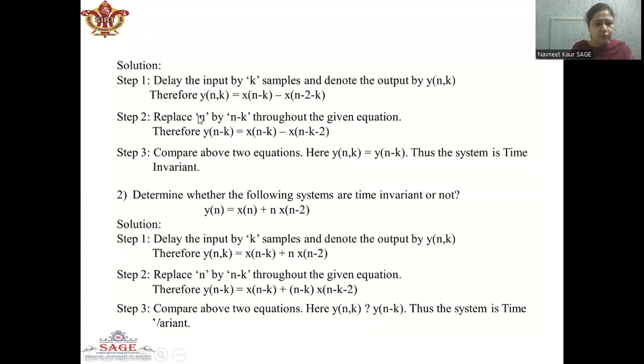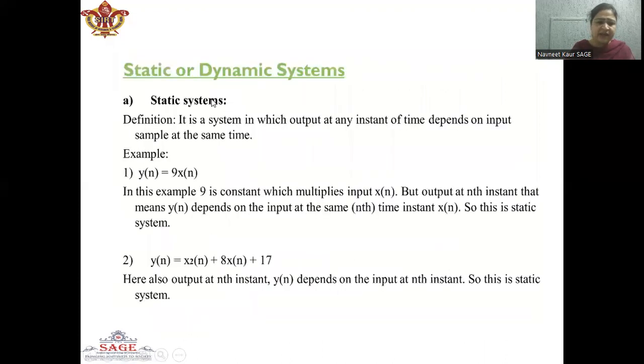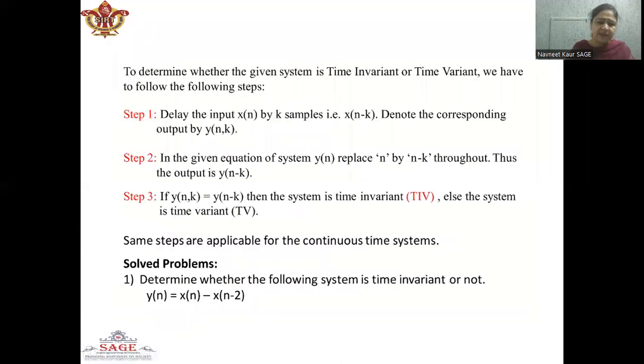Now, in step 2, I'll give input x(n) to the system and I'll get output y(n). Now, y(n) as given by the property of the system is x(n) minus x(n-2). Now, if I give this output to a delay unit, which will delay it by k units, then I will get x(n-k) minus x(n-k-2).